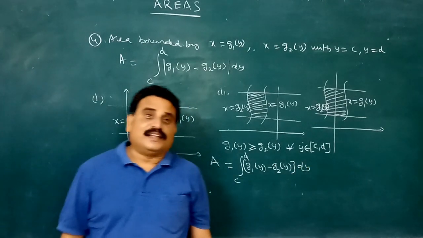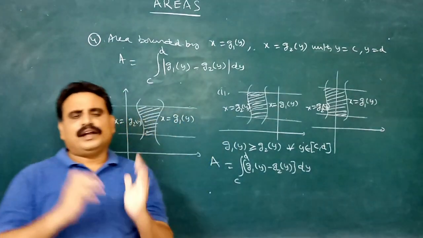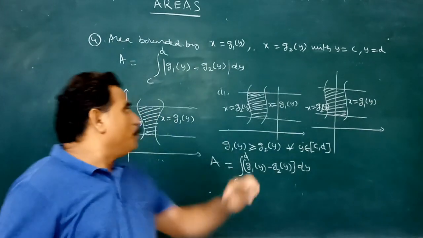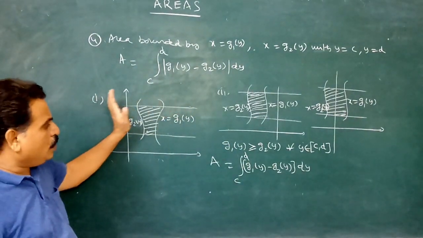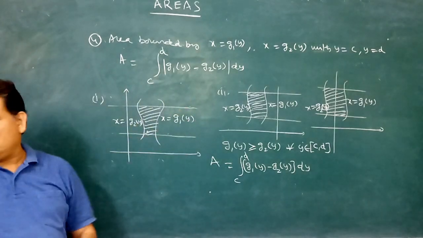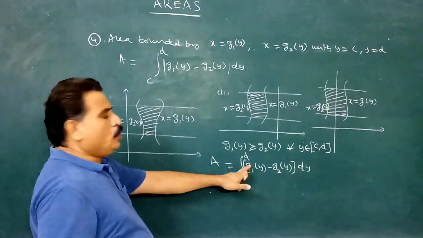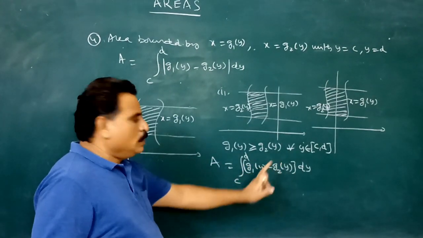Okay, there is another case: if these two curves g1(y) and g2(y) intersect between the lines. In these three cases we get area equal to g1(y) minus g2(y); we have to write down the up curve first, next the down curve.